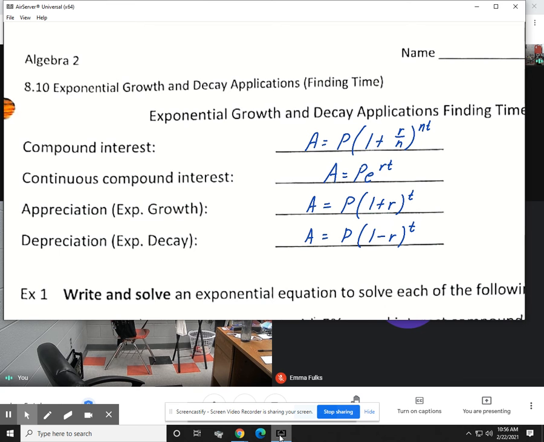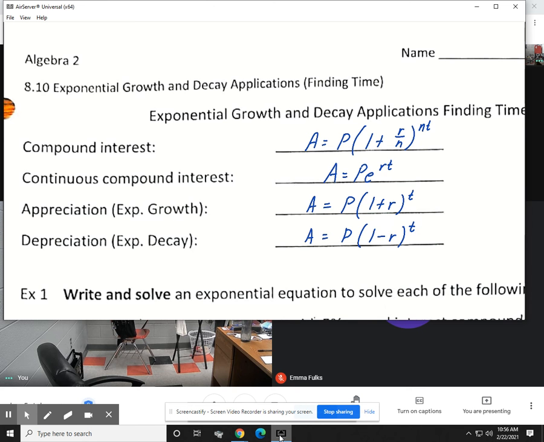exponential equation as a what? How have we solved these? You rewrite the exponential equation as a what?